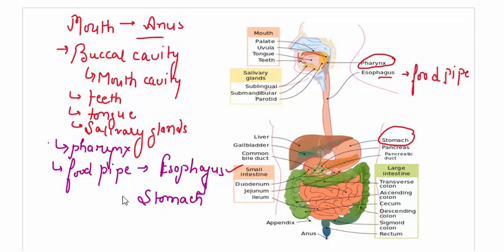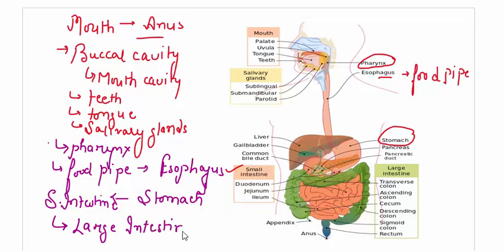The stomach leads to the small intestine, and the small intestine leads to the large intestine.